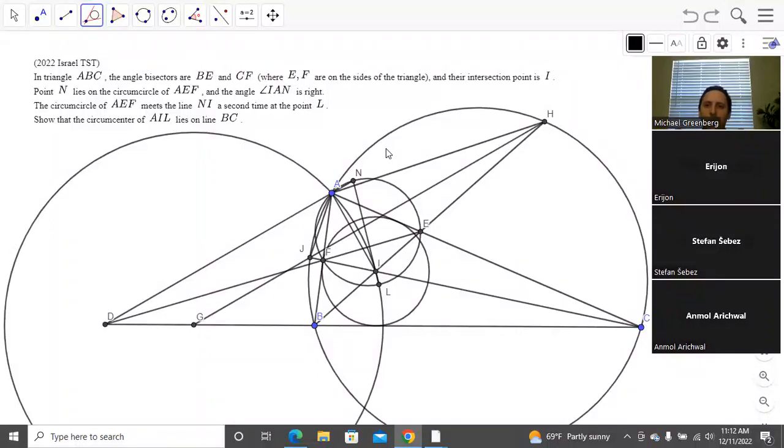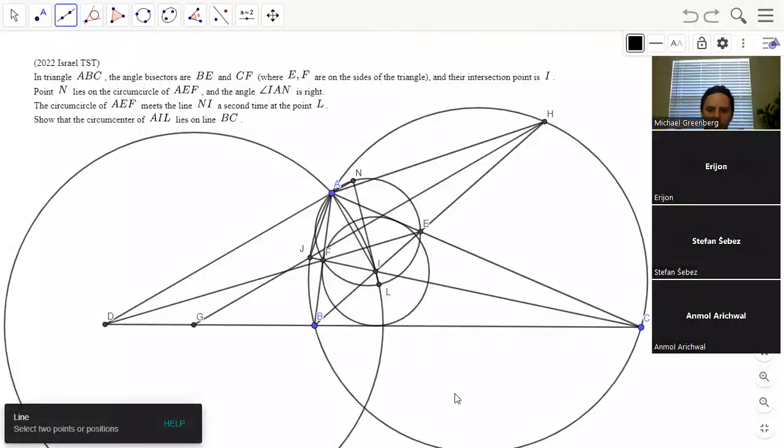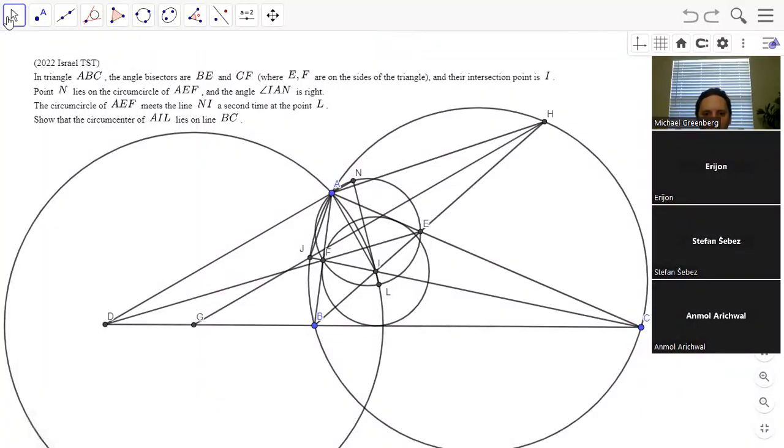I think I did it in Discord previously. Let me see if I can remember how I did that. Well, so GAI is equal to GIA. And we want to show GAI.